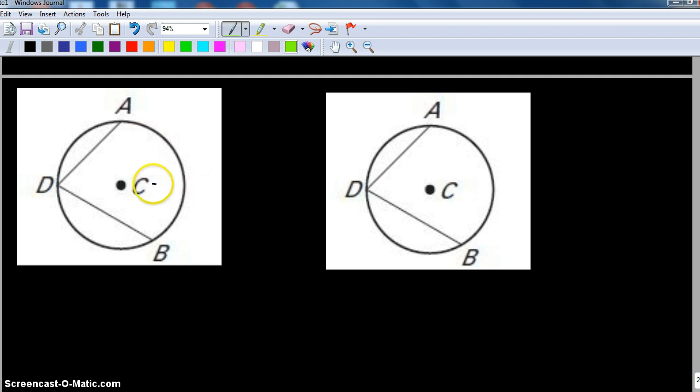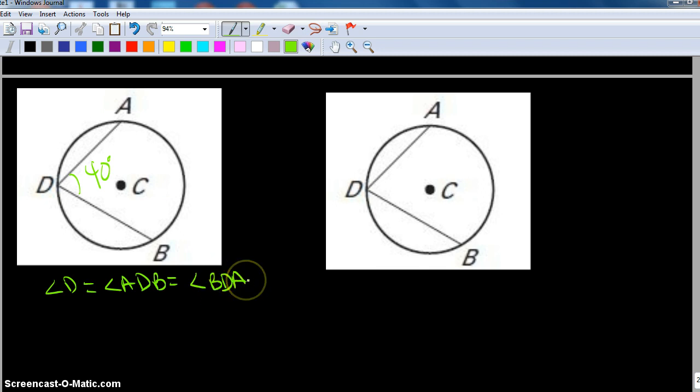So I have two different circles here to go over the same property but twice. So let's say this angle right here, this one over here, is, I don't know, 40 degrees. This angle D is the same thing as angle ADB, the same thing as angle BDA, whatever.